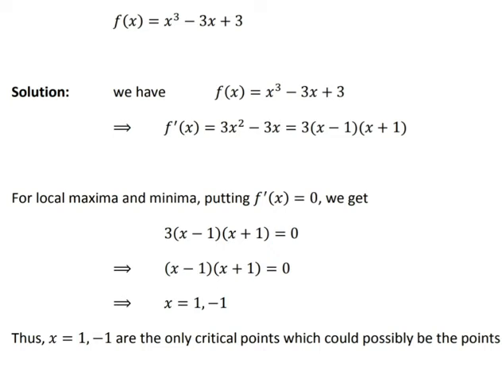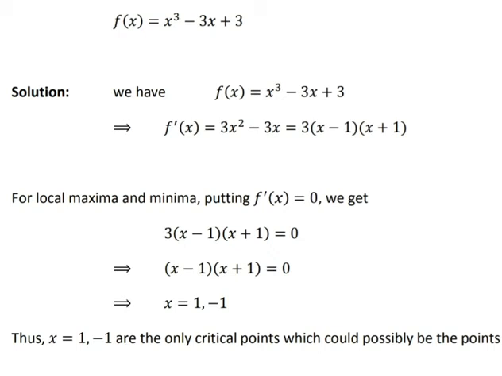Also, when you have a minimum value on the graph, what we have seen is the tangent to that point on the graph will be parallel to the x-axis, and whenever the tangent is parallel to the x-axis, the slope of the tangent will be equal to 0. That means f prime of x will be equal to 0 at that point on the graph.